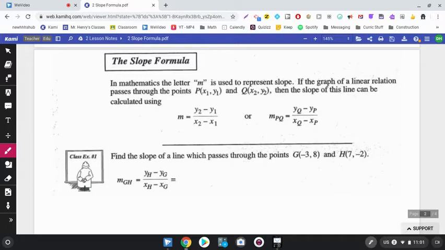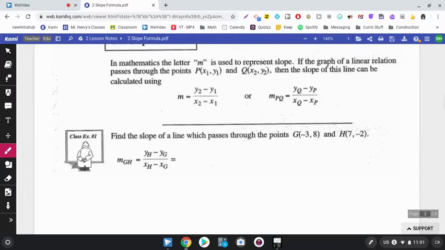So the slope of a line, we're going to calculate from G to H. The slope from G to H equals y from H minus y from G over x from H minus x from G. Or, the formula is (y2 minus y1) over (x2 minus x1).